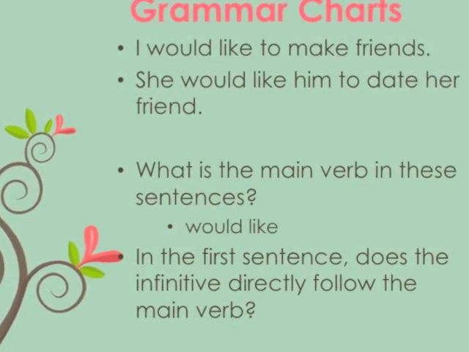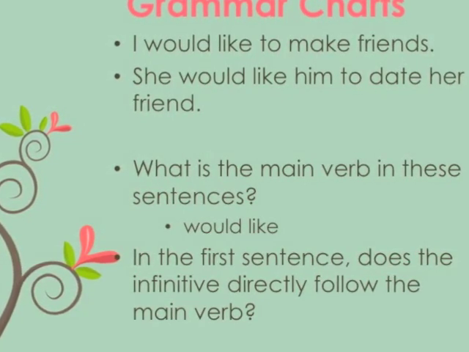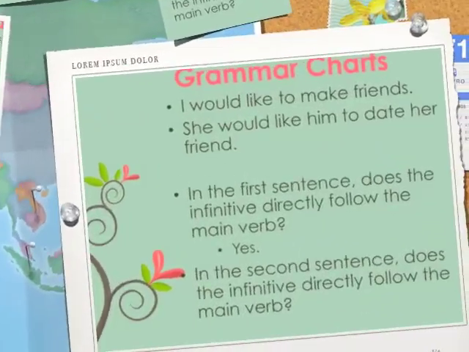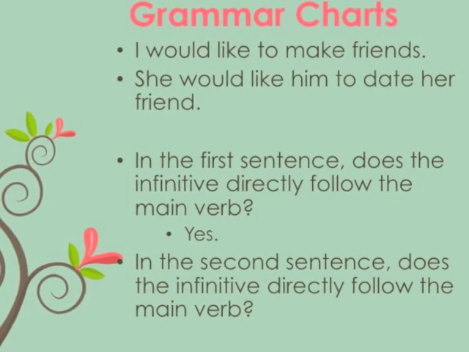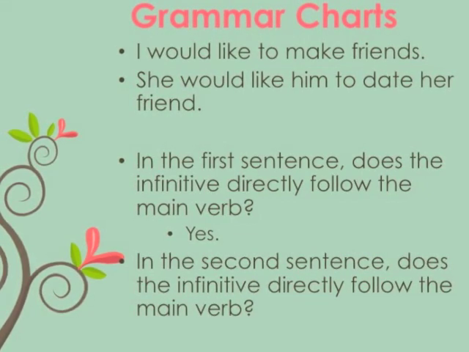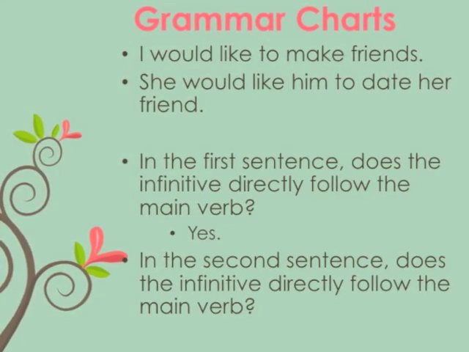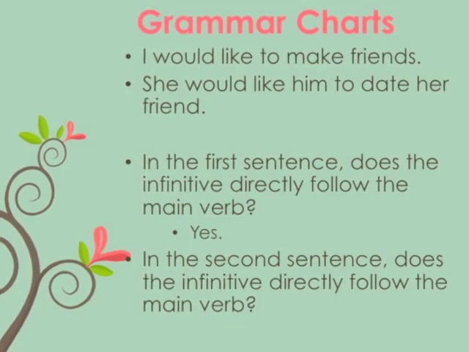In this sentence, does the infinitive directly follow the main verb? Go ahead and pause and figure it out. Yes, it does follow the main verb. There's nothing in between them.